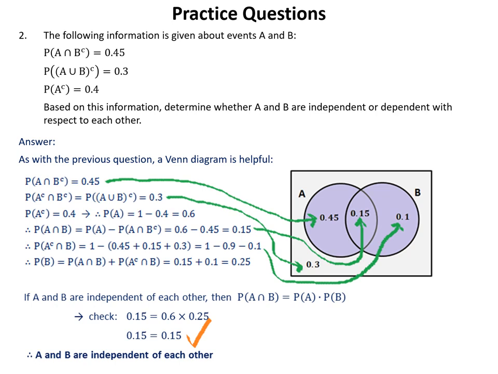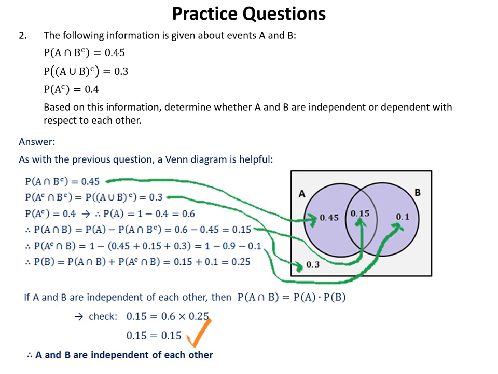An approach that we can take here is we know that the probability of A complement is equal to 0.4. So we simply use the rule that the probability of A must be 1 minus that, or 1 minus 0.4, which equals 0.6.